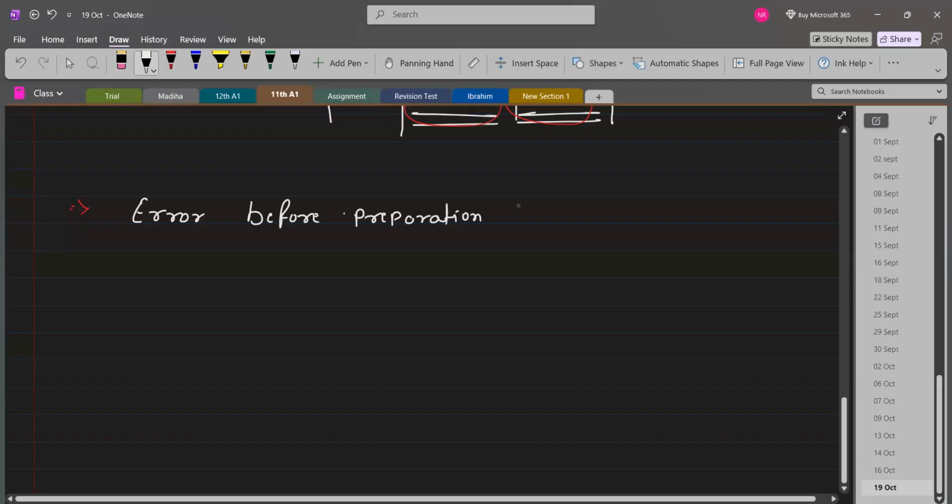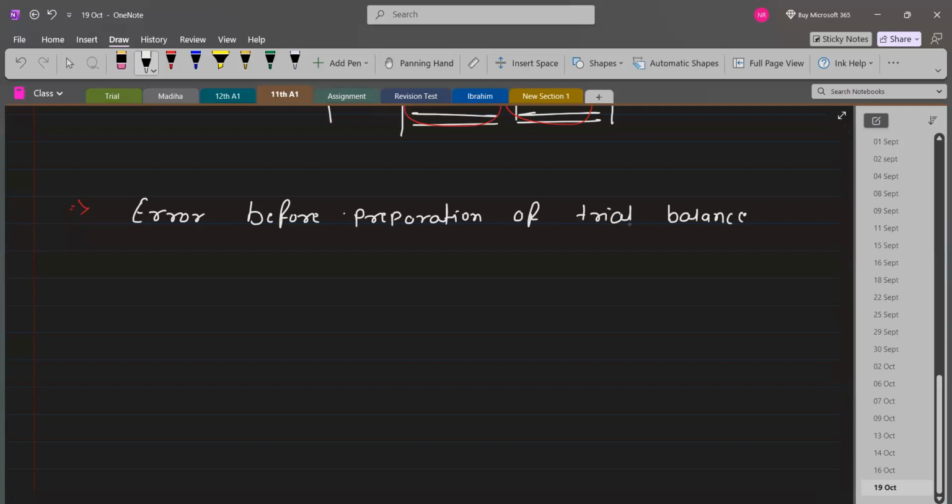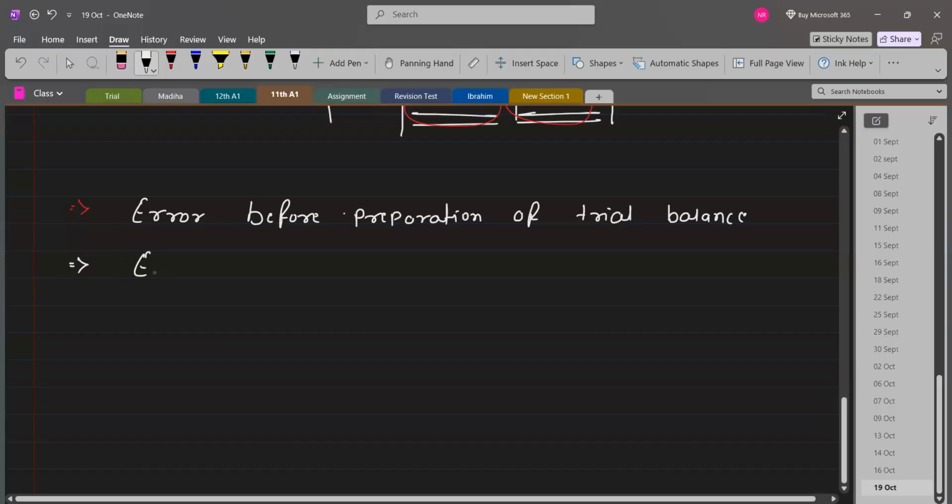Some errors you will find before preparation of trial balance or during preparation of trial balance. It is also categorized in this one. So either you can find the error before preparing trial balance or during the trial balance, it will be included in this case. The second is error after preparation of trial balance.